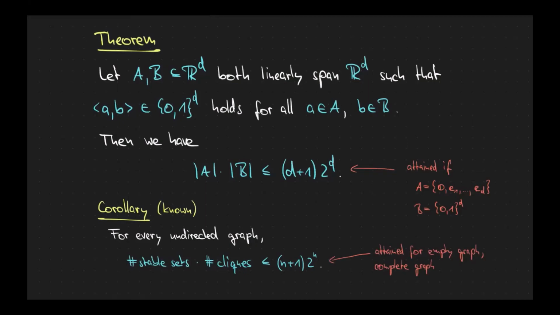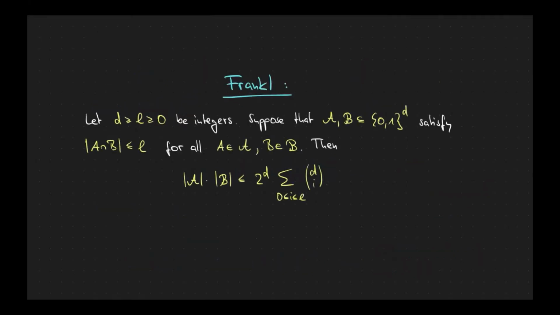So results of this flavor exist in the field of standard extremal combinatorics, where they really talk about sets, which is really about 0, 1 vectors. So here's, for instance, a result of Peter Frankl, which is even a generalization of our result, and I don't know how to prove that for vectors. You have two set systems, script A and script B, with a property that whenever you take a set of A and whenever you take a set of B, their intersection contains at most L elements.